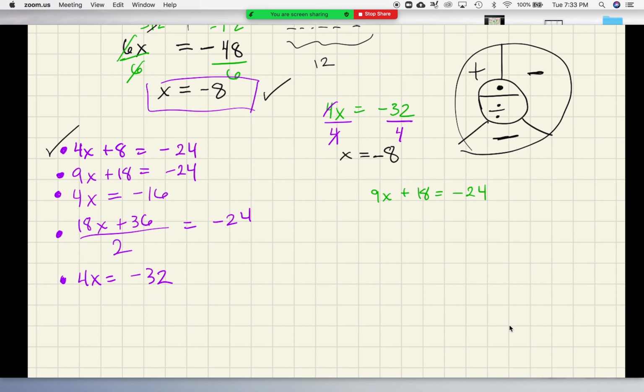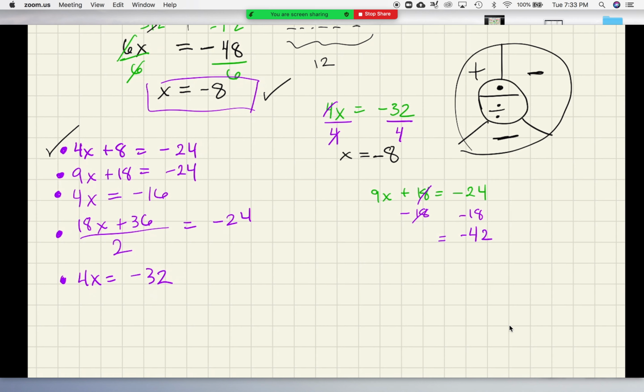The 18s go out, so I'll do negative 18, which would be 10, and then negative 42.